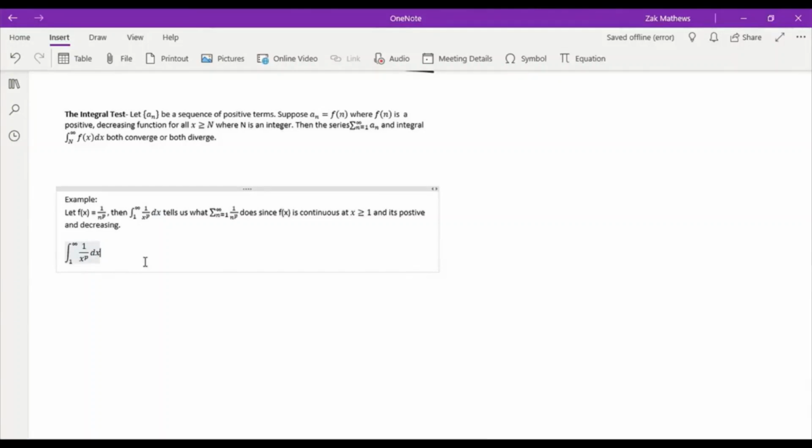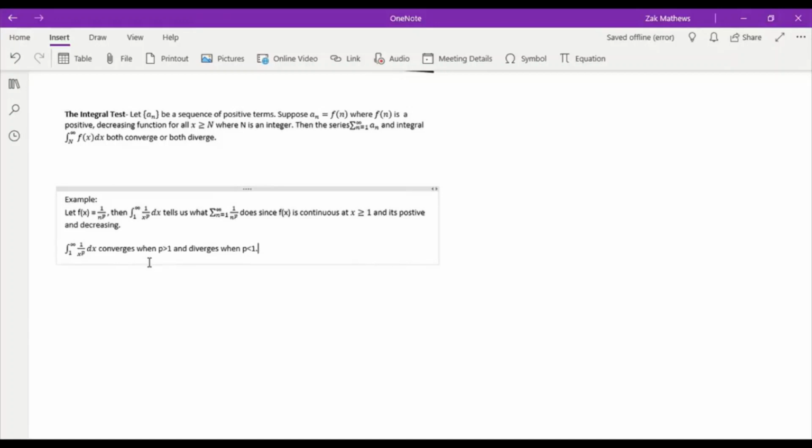It converges anytime p is greater than 1, and it diverges anytime p is less than 1. I'll write that out: converges when p is greater than 1, and diverges when p is less than 1. So that brings up the question, what about when p is equal to 1?